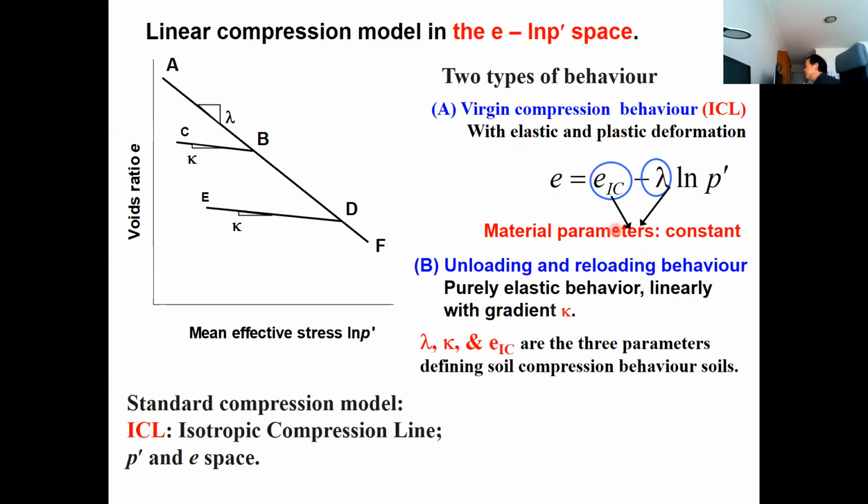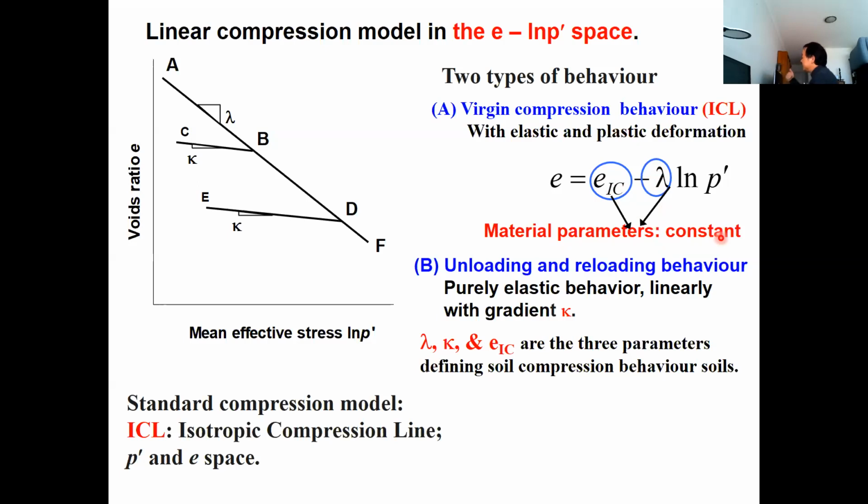You can see from this equation, if you know the stress, if you know the force on the soil, you will be able to work out the void ratio, on condition that you work out the model parameters e_IC and lambda. e_IC and lambda are material parameters, they are constant.